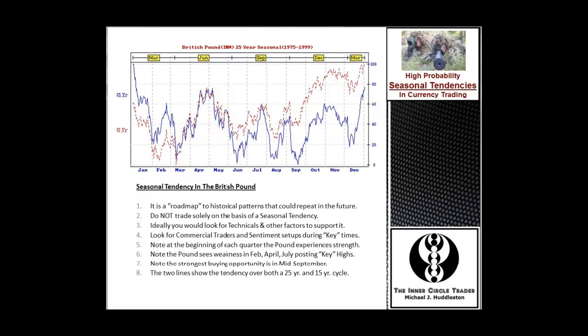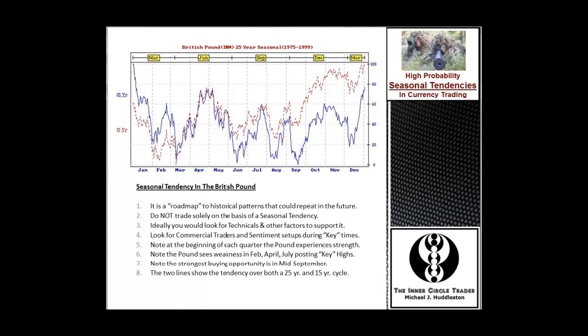But the main focus with seasonal tendencies, much like most of everything I've already shared, the caveat is that by itself, seasonal tendencies are absolutely useless. You want to use them as a roadmap, basically. Let's go over our salient points at the bottom here. Basically, we're looking at a seasonal tendency on the British pound. Consider it as a roadmap to historical patterns that could repeat in the future.